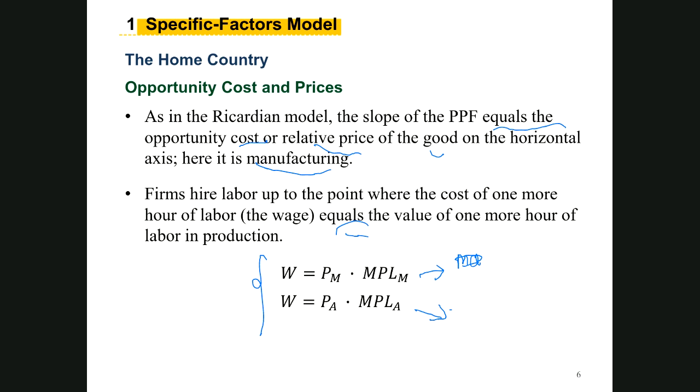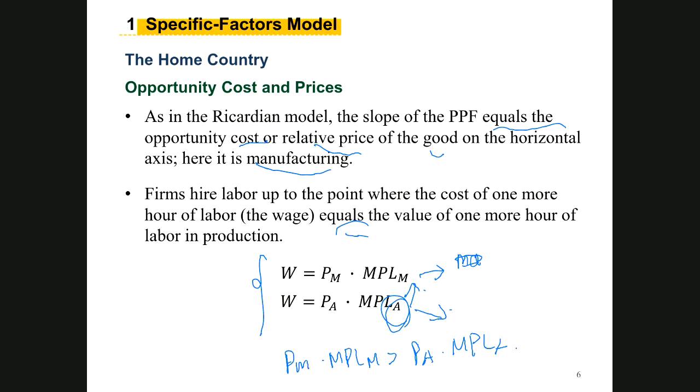So the farmers, the agriculture labor, could move to manufacturing worker seamlessly. They don't need to acquire other skills so that they can move directly. If this one is higher than this one, what happens?